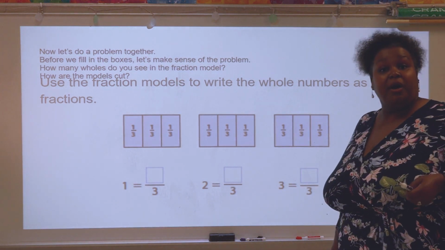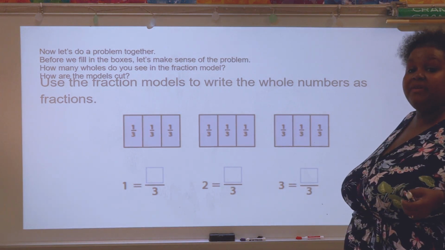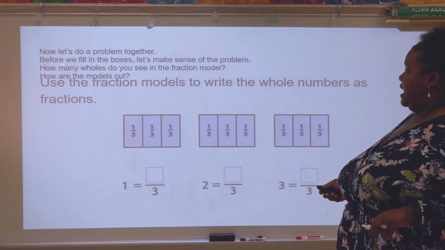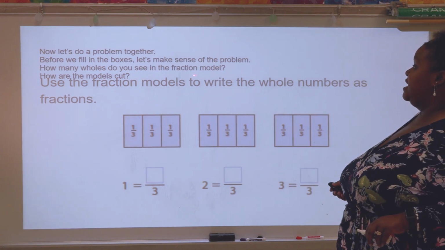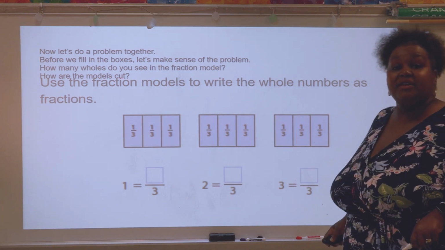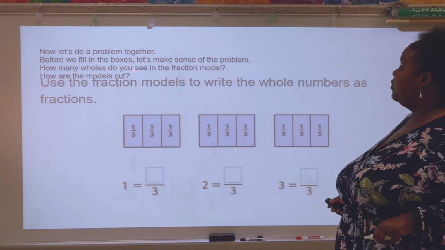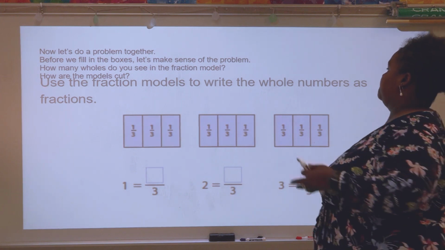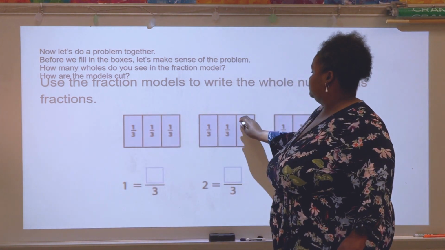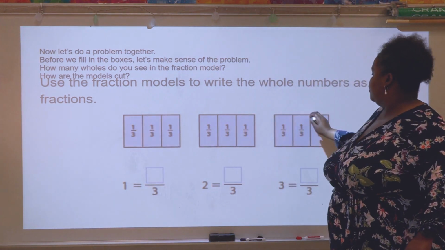Now let's do another problem together. Before we fill in the boxes, let's make sense of the problem. How many holes do you see in the fraction model? How are the models cut? So let's look at that first question. How many holes do you see in the fraction model? So 1 hole, 2 holes, 3 holes.